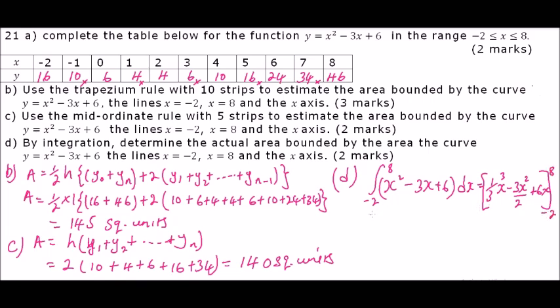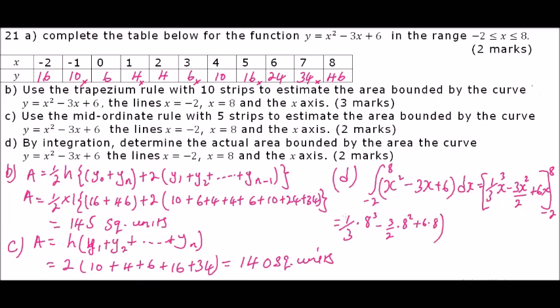So what you do is you substitute: 8 cubed over 3, then minus 3 over 2 multiplied by 8 squared, and then plus 6 multiplied by 8.